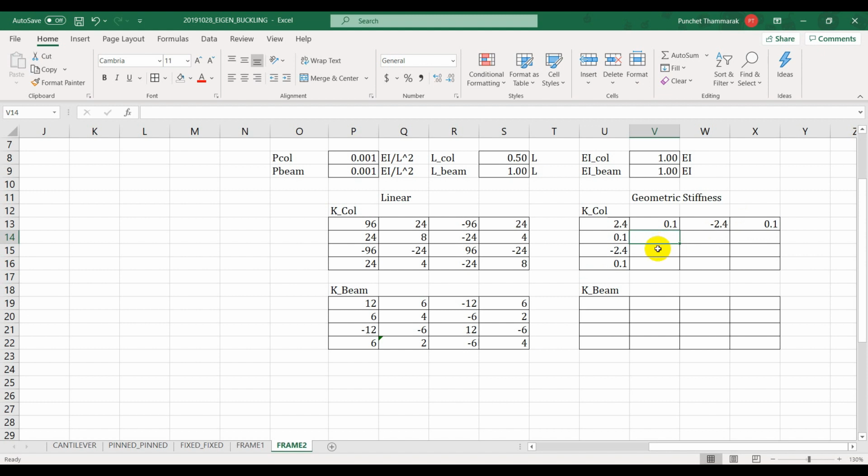This one is equal to 2 over 15, and then multiply by the length, right? Yeah, okay. 2 over 15 multiplied by the length.